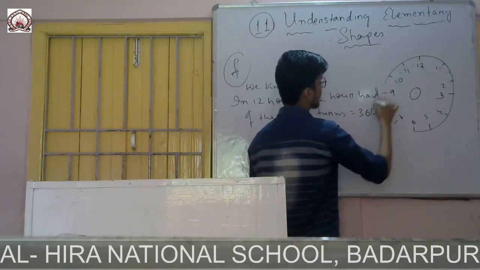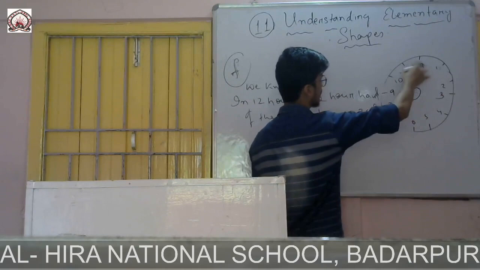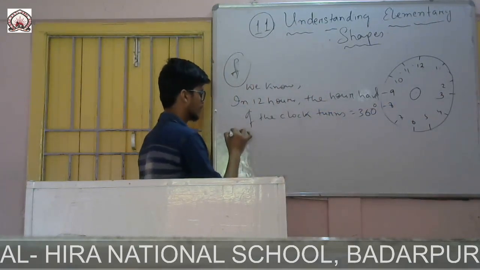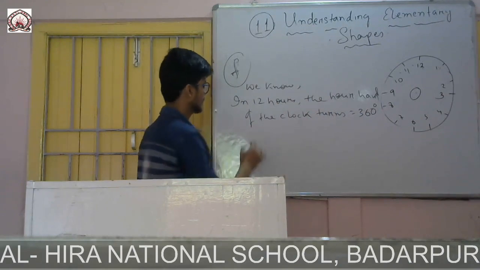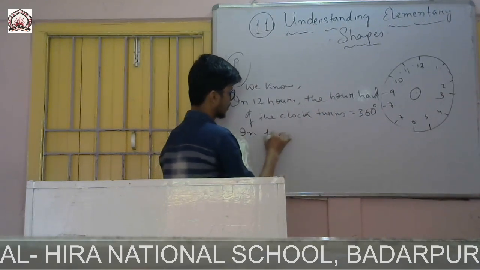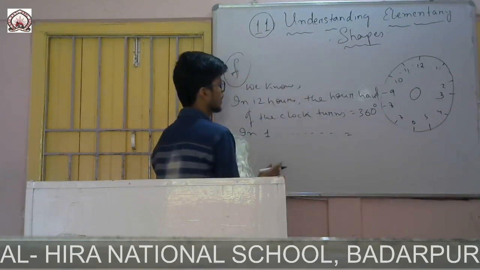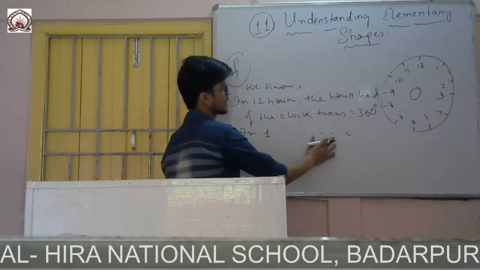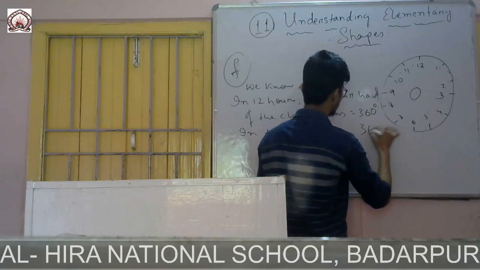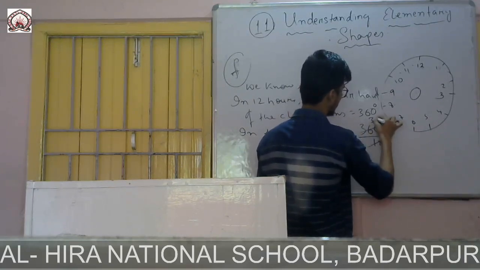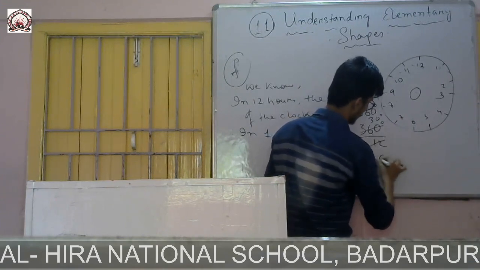It takes 12 hours to make one complete rotation. So it is 360 degree. Therefore in 1 hour, you write in full, the hour hand of the clock turns 360 by 12. So it will be 30 degree. So the answer is 30 degree.